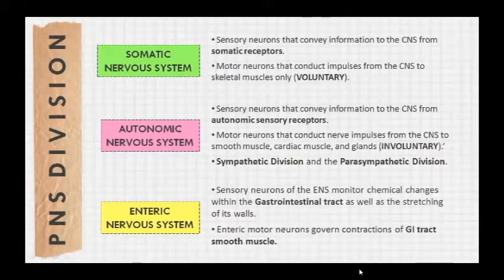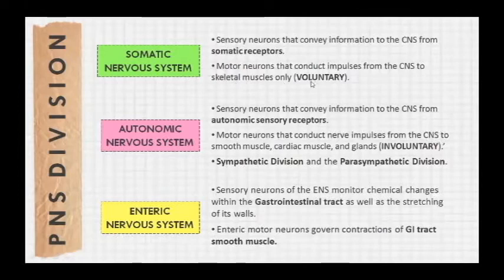If you will observe, these two divisions of the peripheral nervous system are divided into voluntary and involuntary. Our somatic nervous system is basically the voluntary one. It conveys information or sends signals from somatic receptors, then it produces motor or action potentials within the skeletal muscles only, which are highly voluntary.